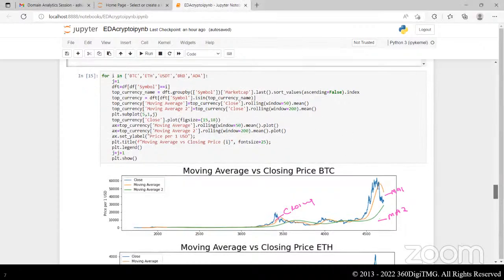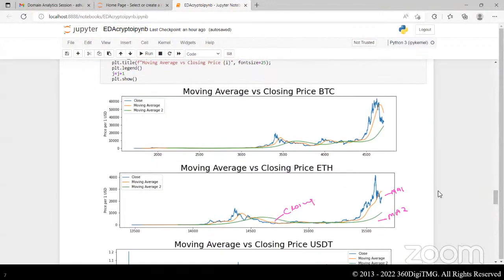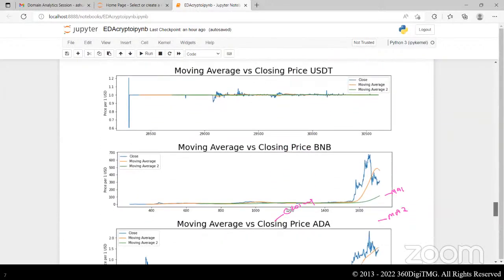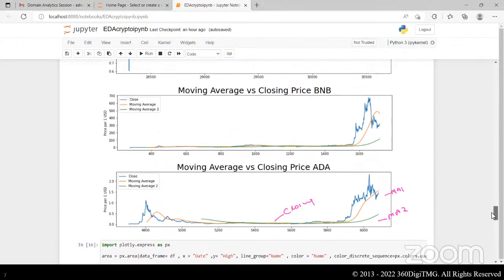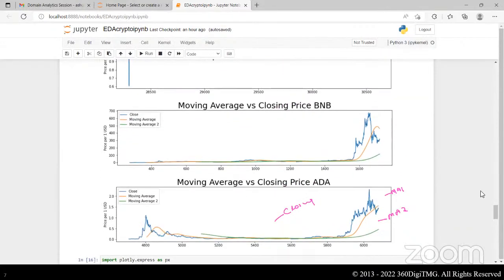I'm also trying to find the inferences for Ethereum, USDT, BNB, and ADA. The reason behind these was that they were the top 5 performing cryptocurrencies compared to all other cryptocurrencies that we were having in our data set.